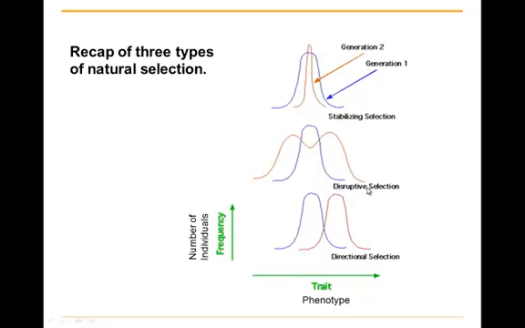And in disruptive selection, we have a single peak, and then we select for two extremes, and we end up with two peaks. So that kind of shows you. And you should know, again, the basic descriptions and summaries, and also the type of environment in which each of these types of natural selection is most common. Remember the definition of natural selection: increased survival and reproduction of the best adapted individuals as selected by nature, as selected by the environment in that particular place and time.